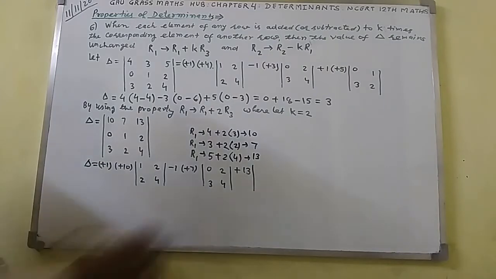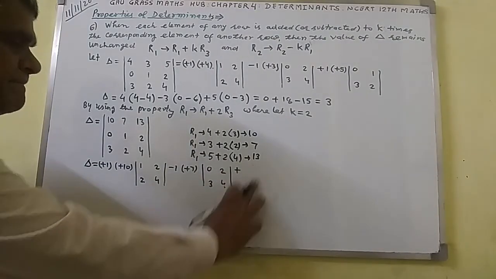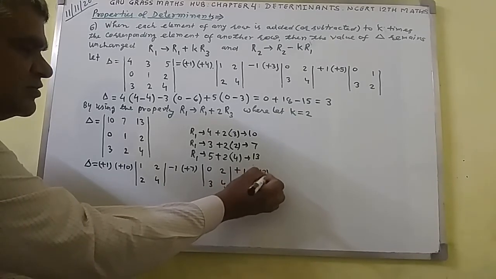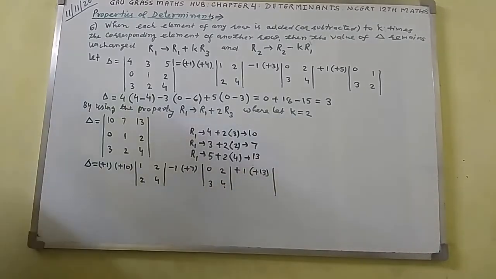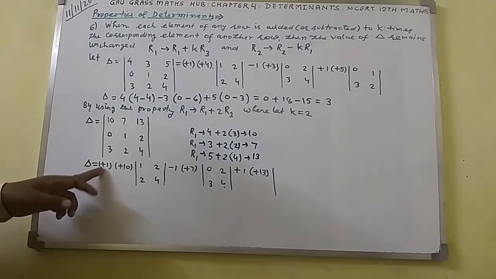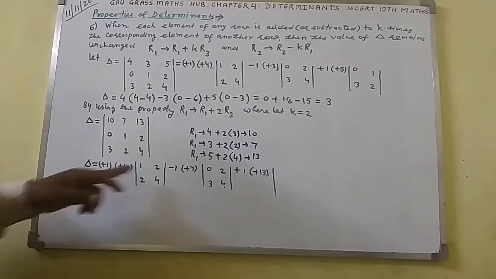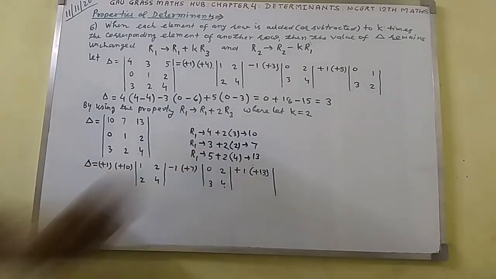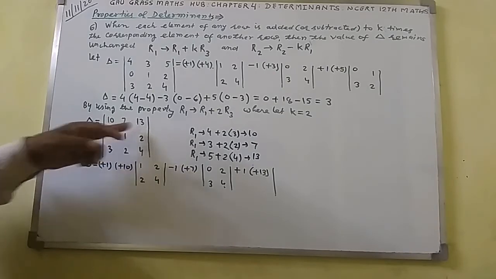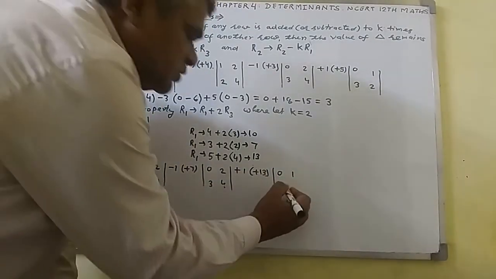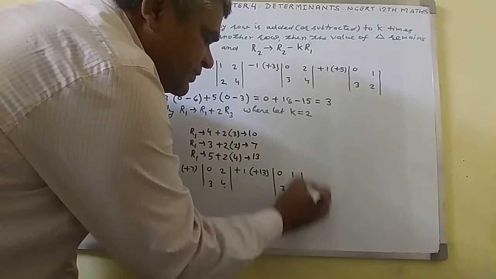Here I write plus 13. This is the proper expression of the things here. Plus 1, minus 1, plus 1. Plus 10, plus 7, plus 13. So the minor of plus 13 will be 0, 1, 3, 2.